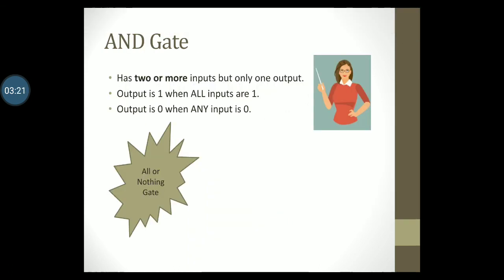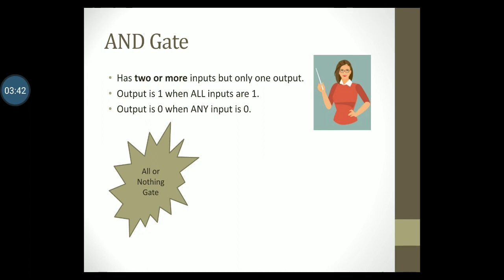The first basic gate that we will study is the AND gate. The AND gate has two or more inputs and will have one output. The important thing to notice is that the output of this gate will be 1 when all of its inputs are 1.